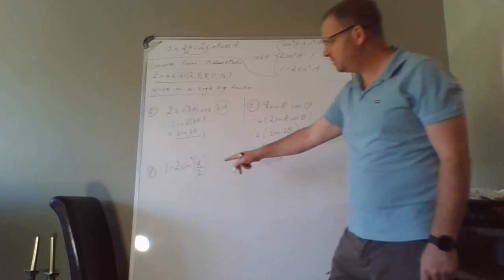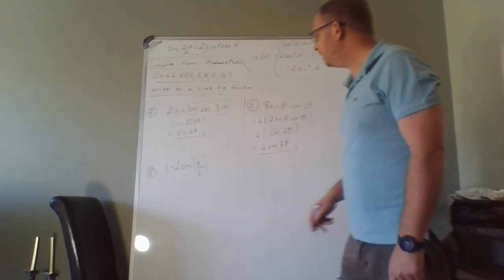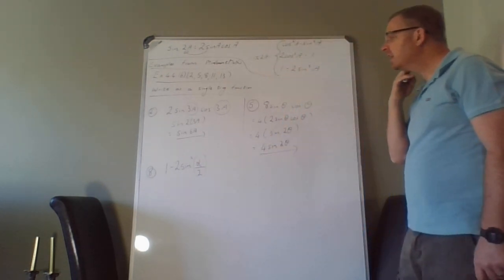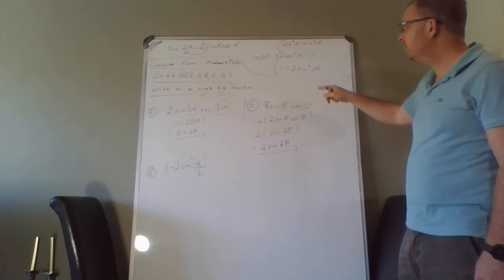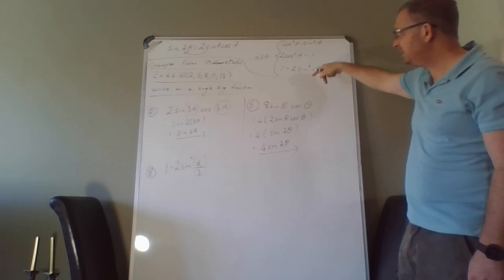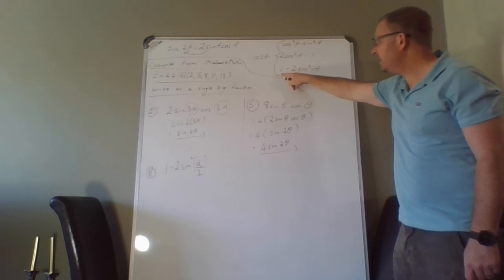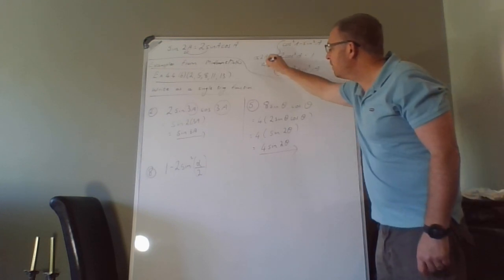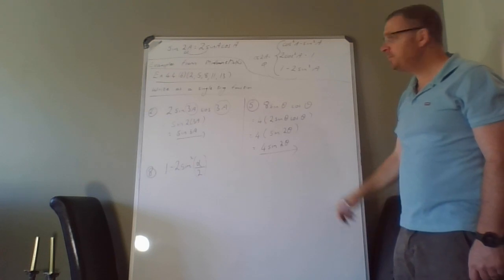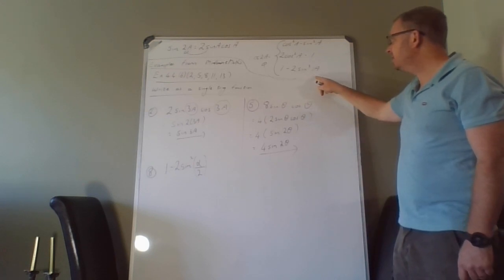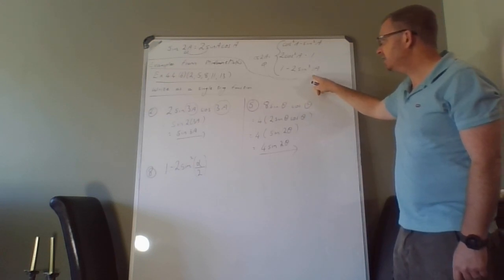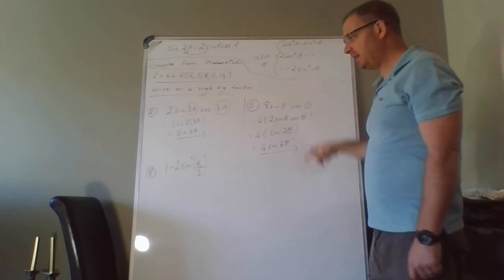Okay. Part number 8. It says 1 minus 2 sine squared alpha over 2. So, look for your pattern, which is the appropriate pattern. Hopefully we'll see that's the pattern over there. And what this is saying to you, again, I'm working now from right to left, so give that a go. 1 minus 2 sine squared A. Sine squared of an angle is cos of double whatever that angle is.